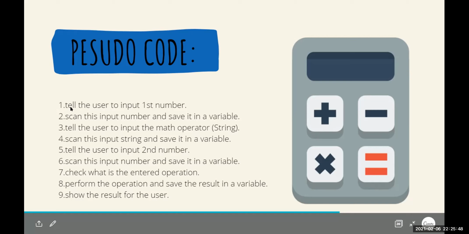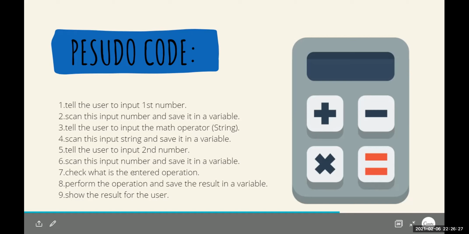So our first step here, we will tell the user to input the first number. Then we will scan this input number and save it in a variable. And then we will tell the user to input the math operator, which is maybe plus or minus or multiplication or division. Then we will tell them to enter the second number, scan it and save it in another variable.